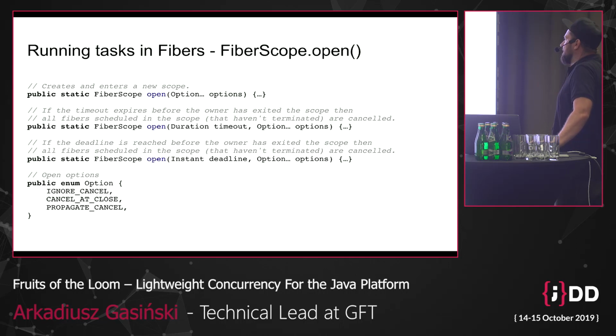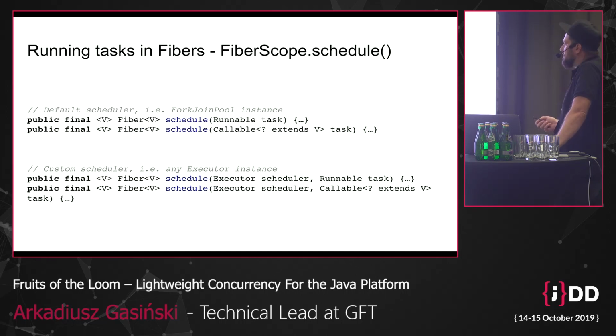You can define that the container will live for just some time, and after this time expires, the fibers that are still running in that scope will be canceled automatically. So that's how you first need to get this fiber scope, this container, in order to be able to execute something in fiber.